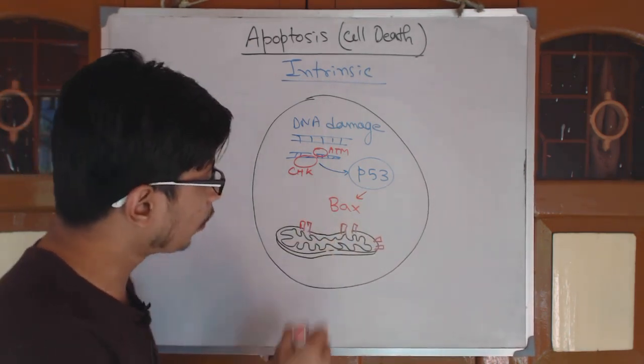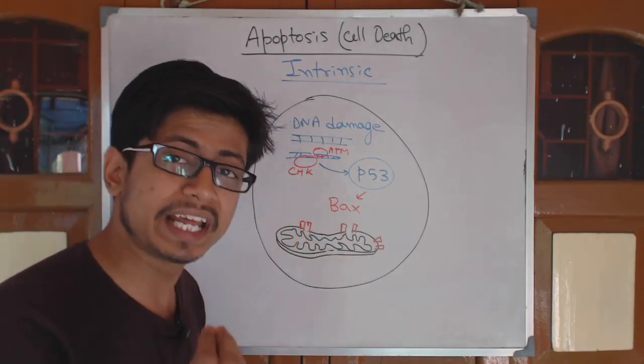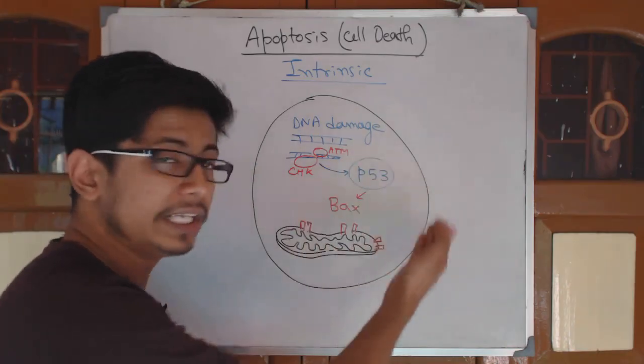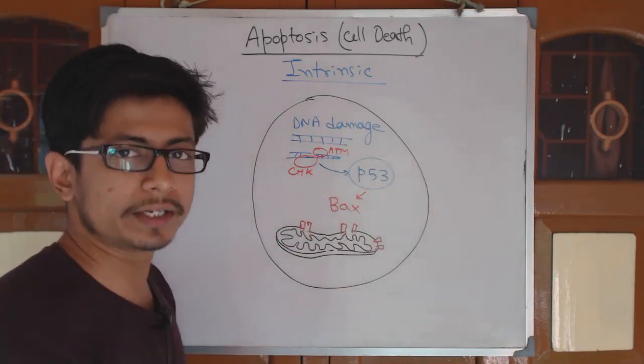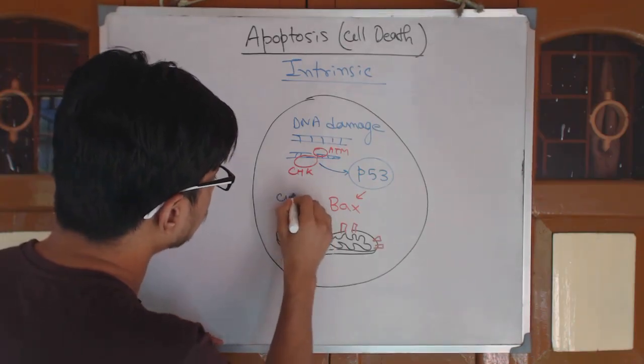As BAX creates pores in the mitochondria, it allows a very important component, cytochrome C, to be released from the mitochondria to the cytosol. So it helps in releasing cytochrome C.